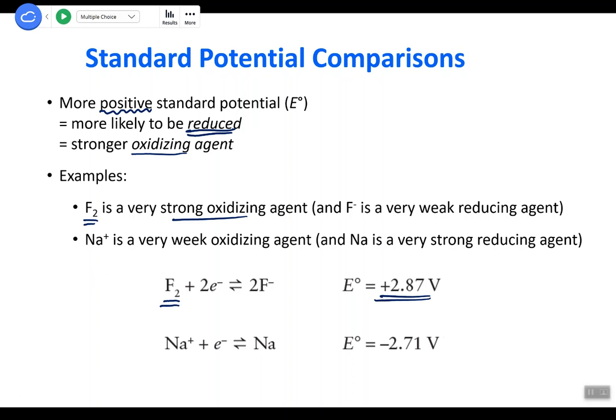That means fluoride over here is really weak at doing its job. If it was going to be oxidized, it would be really weak at doing that. It would be a weak reducing agent because fluorine is a really strong oxidizing agent.